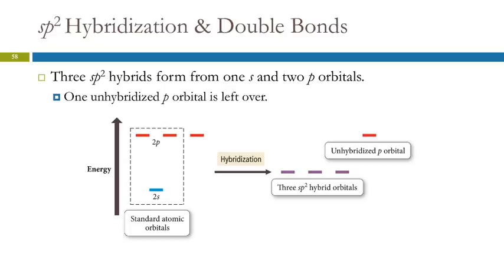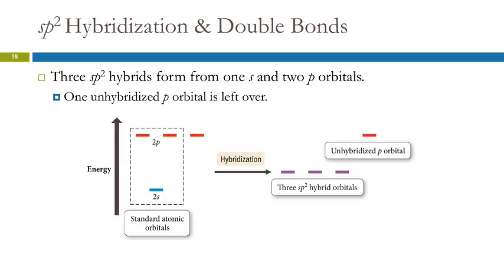Well, let's look at what if we combine an s orbital with only 2 of the p orbitals. So here we have orbitals for an atom, standard atomic orbitals. We've got the s, and there's the 3 p orbitals. What if we just combine s and 2 of the p's and we leave that guy out?